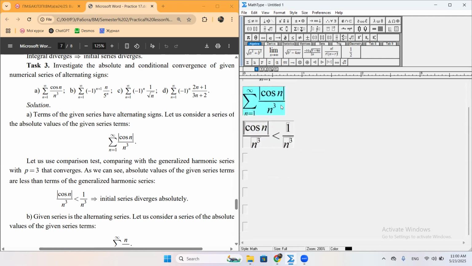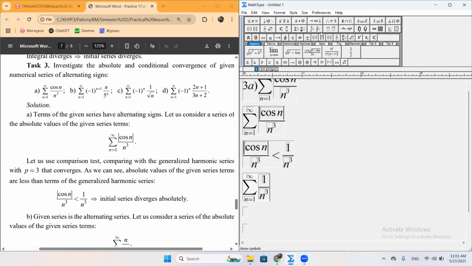This series is a generalized harmonic series that converges, because the power equals 3.